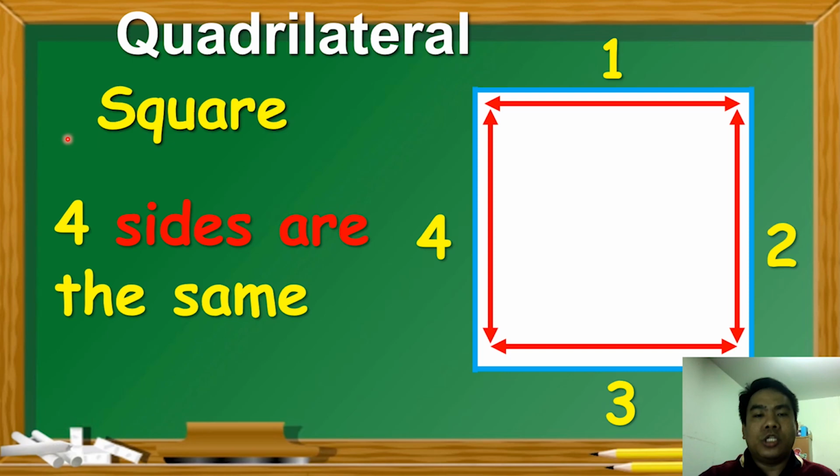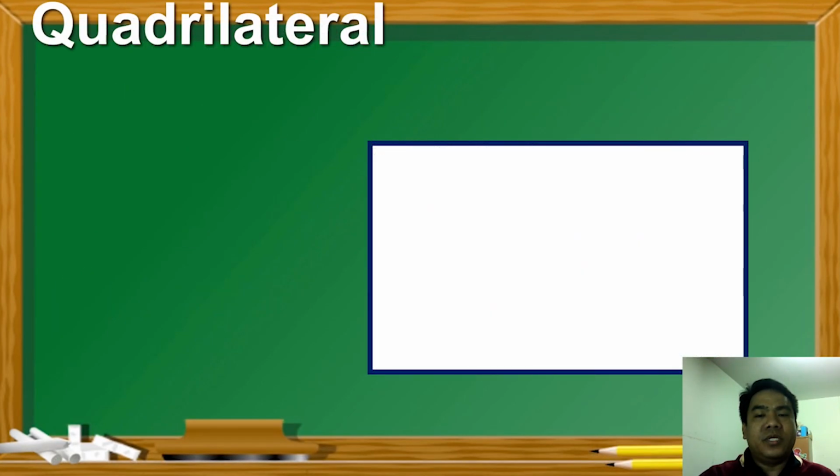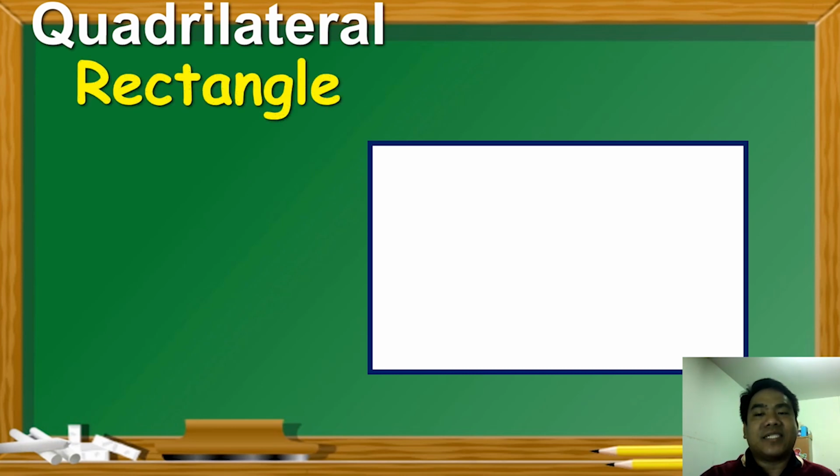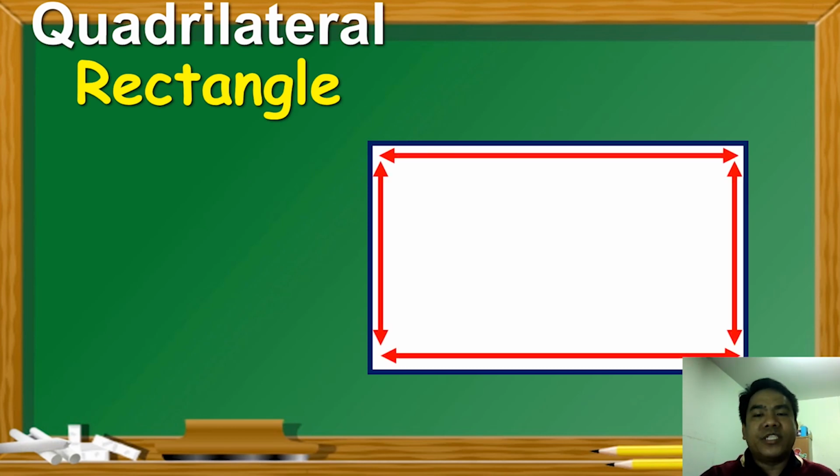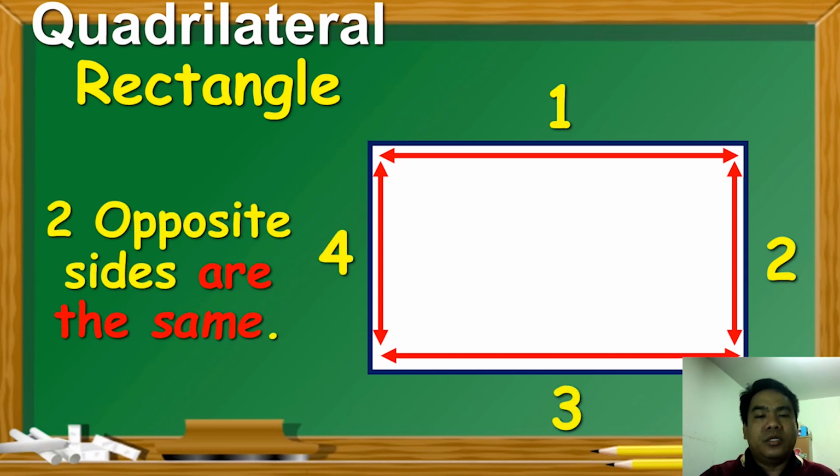Okay, square. Next, we have, what is this? Okay, this is a rectangle. A rectangle also has 4 sides. 1, 2, 3, 4. So 2 opposite sides are the same.